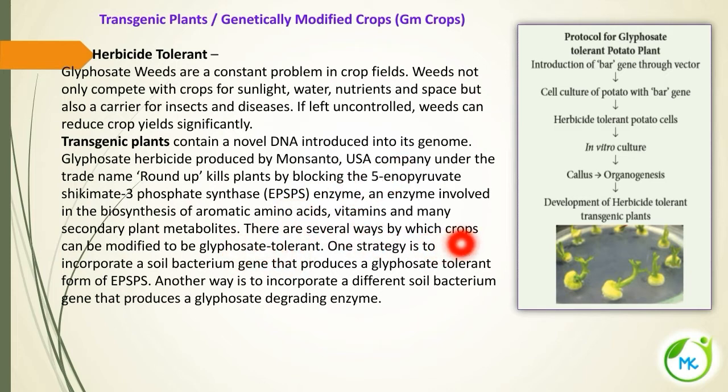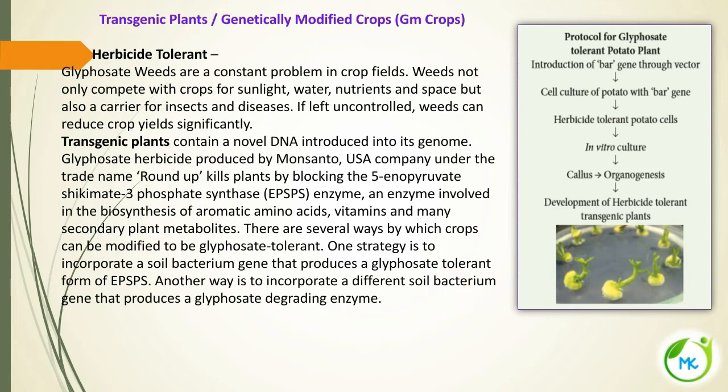One strategy is to incorporate a soil bacterium gene that produces a glyphosate tolerant form of EPSPS. Another way is to incorporate a different soil bacterium gene that produces a glyphosate degrading enzyme.